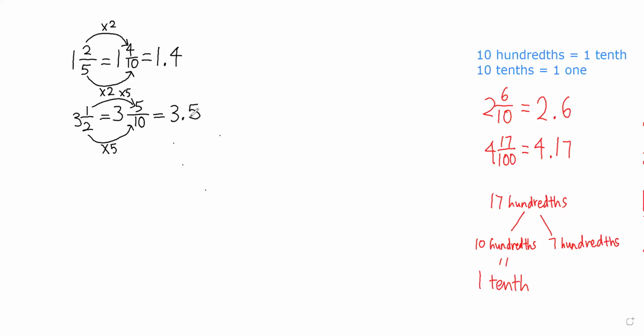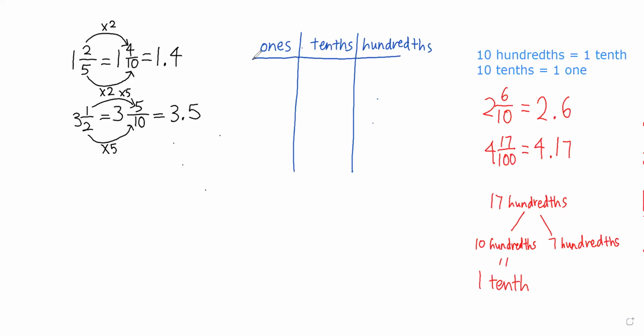So if you're not able to convert it very quickly, you can also use the help of a place value chart. So how would a place value chart look like? So for example, if I convert it into ones, tenths, hundredths.